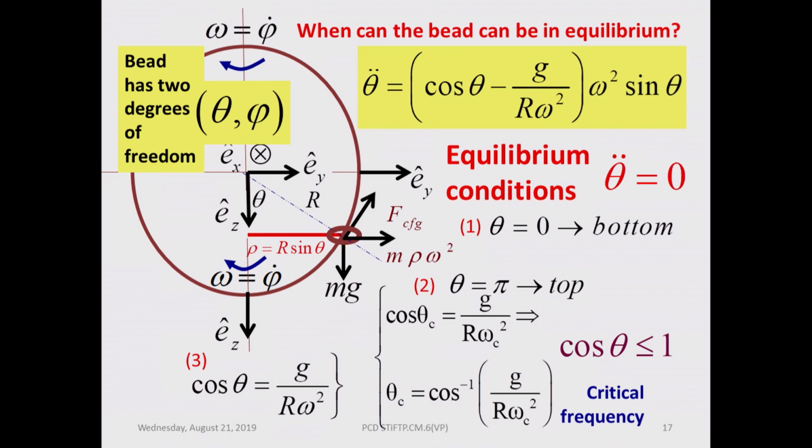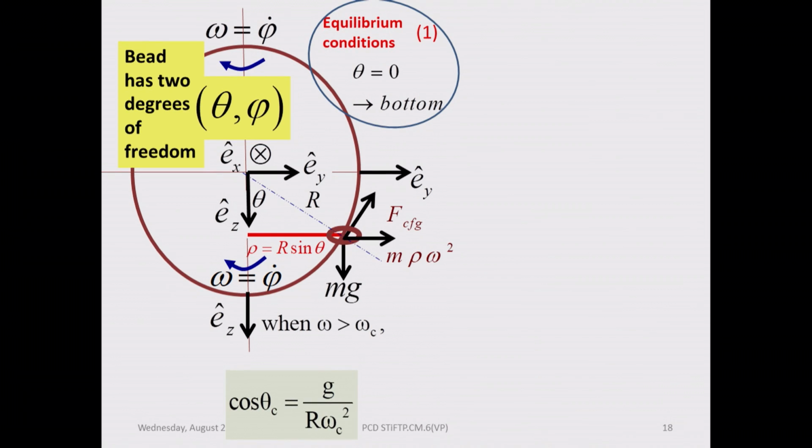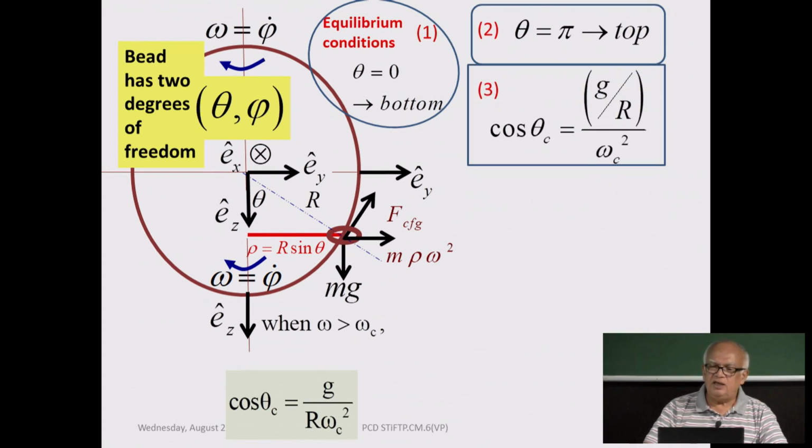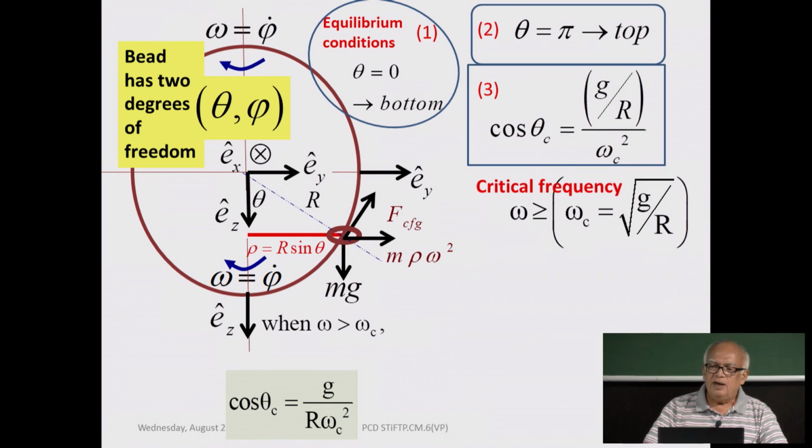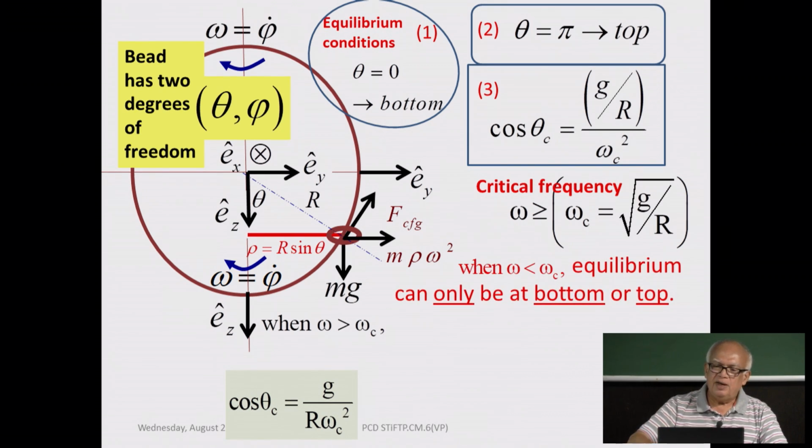So, this is the critical frequency that you must rotate the hoop at. So, there are these 3 positions of equilibrium, and there is a critical frequency which is the angular frequency, which is essentially the speed of angular rotation of the hoop about the vertical axis, and these are the positions where the bead can be in equilibrium.